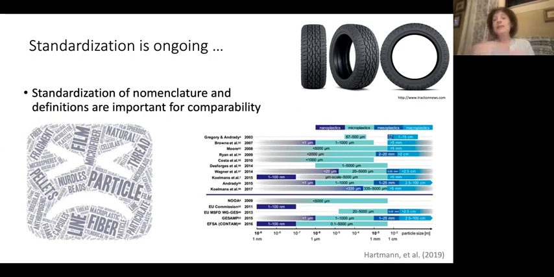But typically in North America, less than 5 millimeters is a microplastic. More of the debate is about where that nanoplastic cutoff is, whether it's at 1,000 or 100 nanometers. So just something to be aware of when you're going through the literature. You may see different definitions depending on where the paper was published.